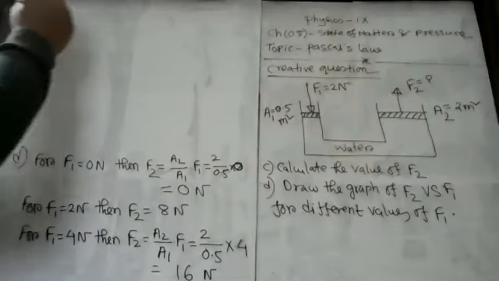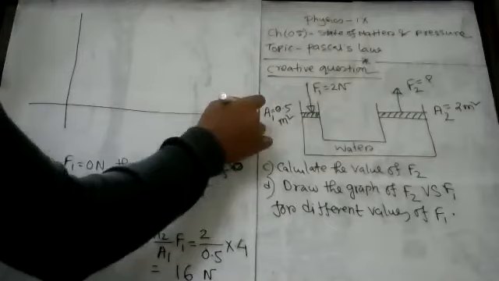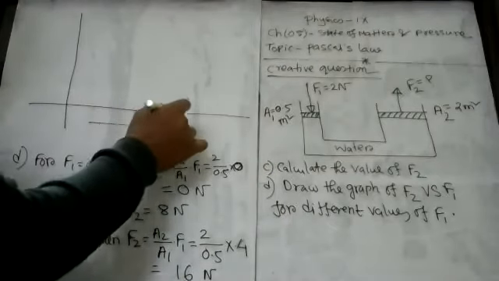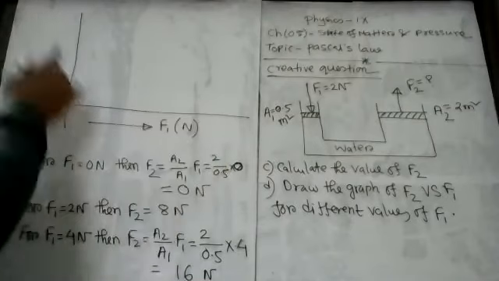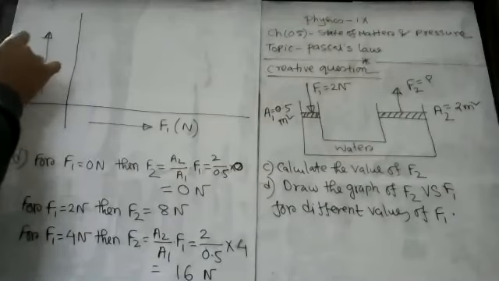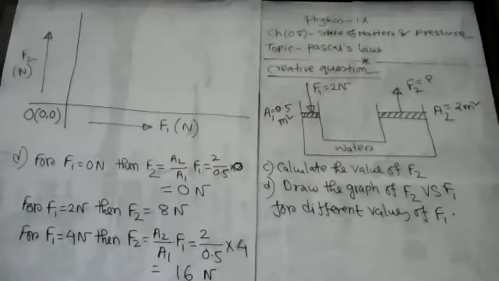You see that this is the side for F1 counted as Newton. This is the side for F2, calculated as Newton. This is the origin point, 0, 0.